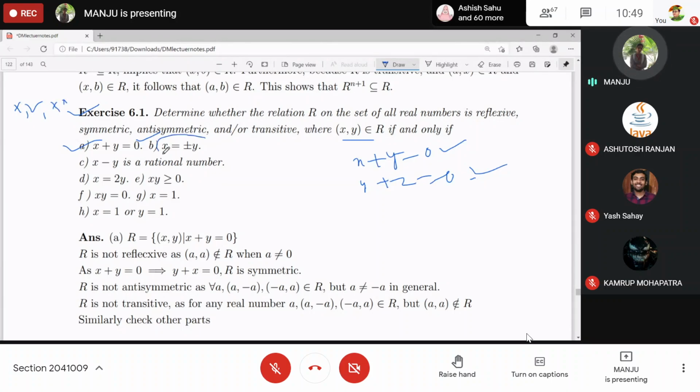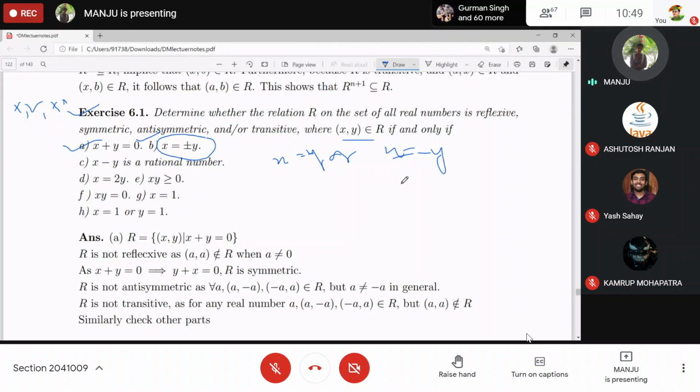What about this one? Similarly, you can try this one. Okay, try it now only. So here, what we have is x is equal to plus y or x is equal to minus y.